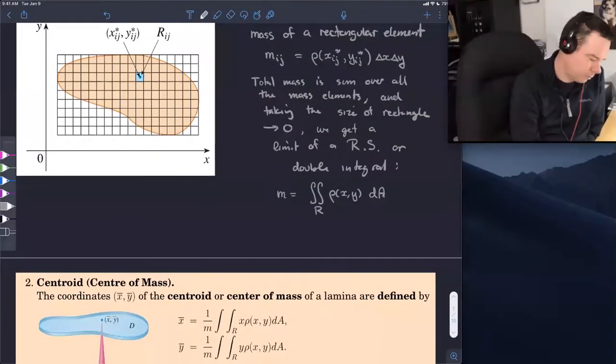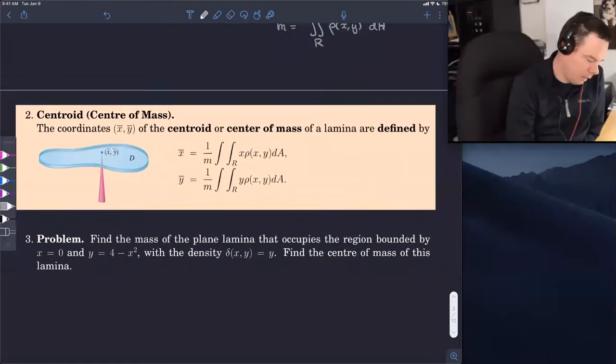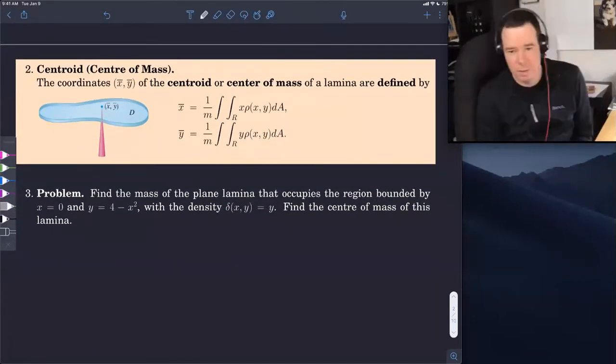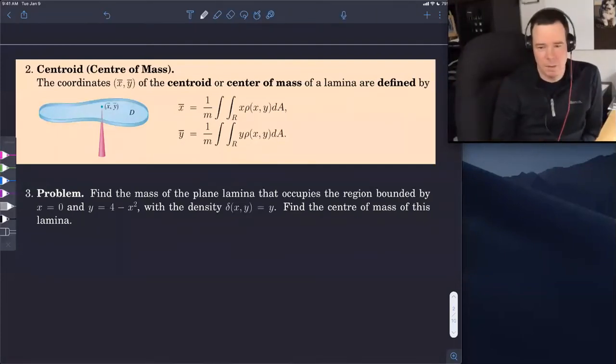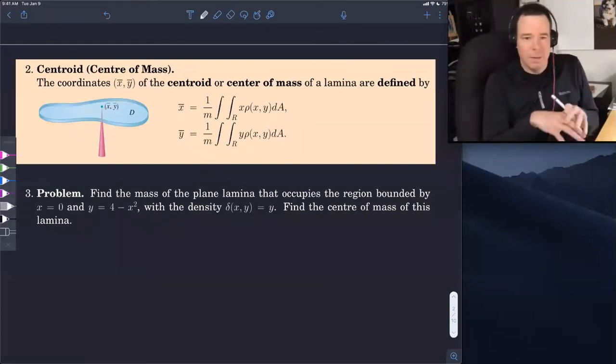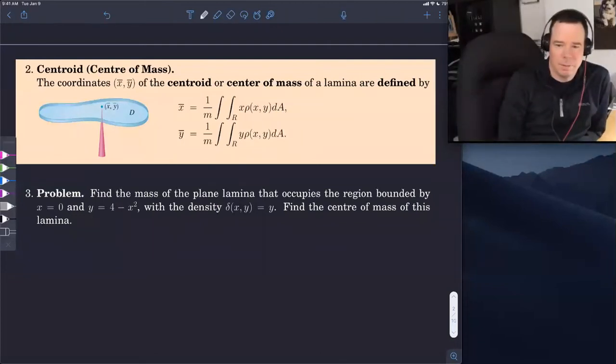Another place, same idea, we've got a lamina, indicated by that blue object there. And we could be interested in what is its center of mass. So where would the balancing point be? This depends on how the mass is distributed amongst this lamina.